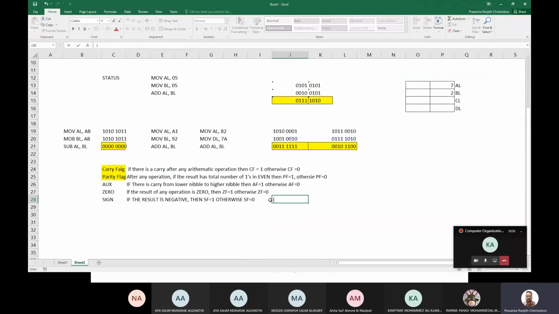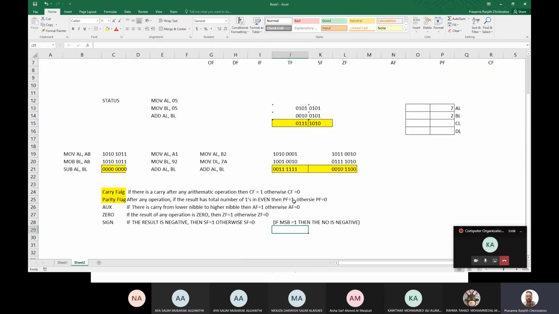The technique is: if the most significant bit is 1, then the number is negative. Here, which is the most significant bit? Do you know which is most significant and least significant? See, I'm going to write.